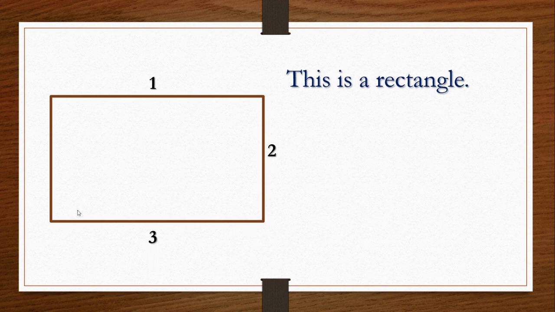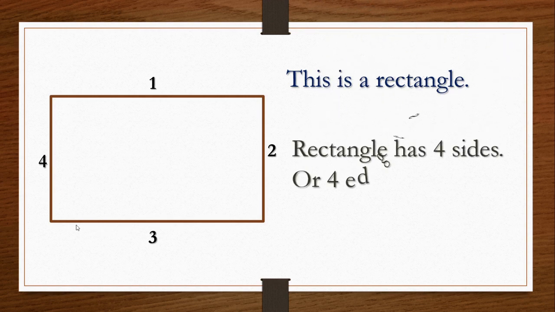And this is third side. Can you see the cursor here? And this is fourth side. Means the rectangle has four sides or four edges. We can say sides or edges. Got this, children?